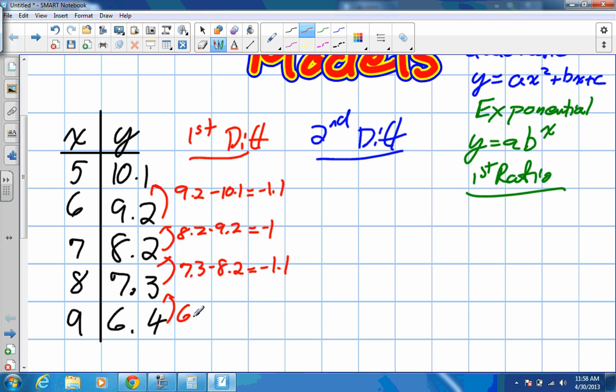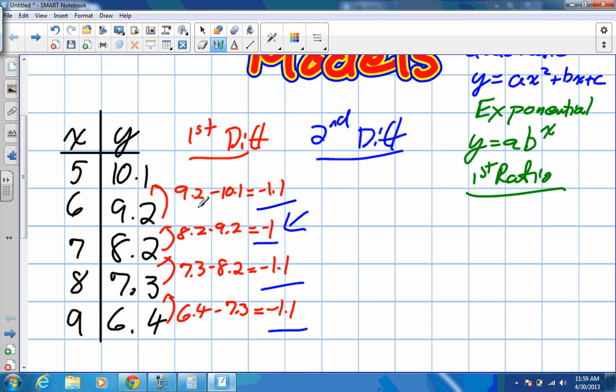And 6.4 subtract 7.3, one more time, negative 1.1. Good, because we actually made an error the first time we went through this. So if we look, our first differences are almost identical. We have one that's a little out of place.